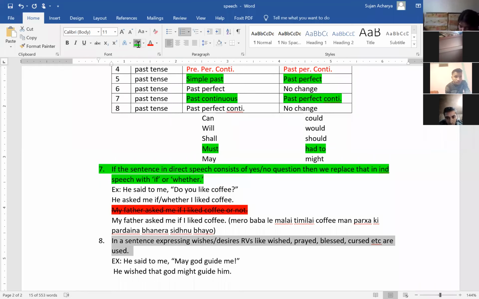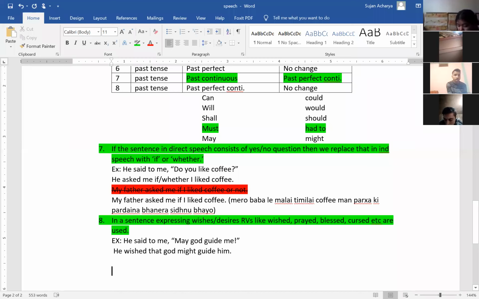RVs means reporting verbs. Now, the final one, rules for the change in adverbs, or rules for changing adverbs.